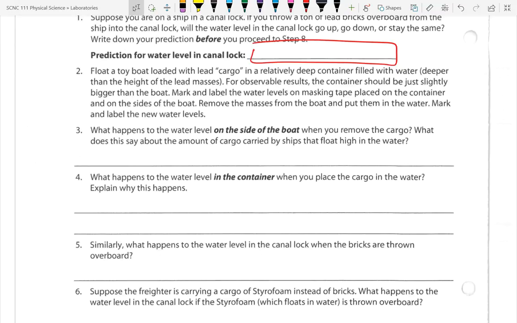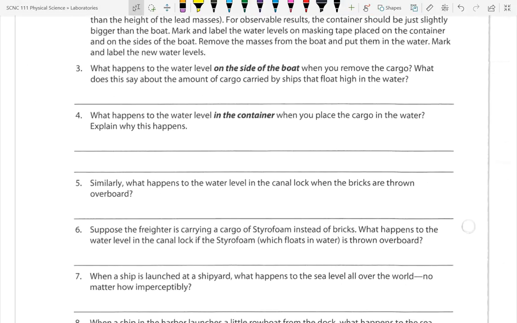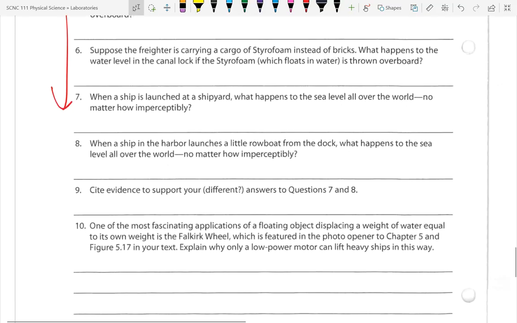So we're going to do the stuff in this backside and the actual experiments right here. And then you're answering these questions here based on what we did.